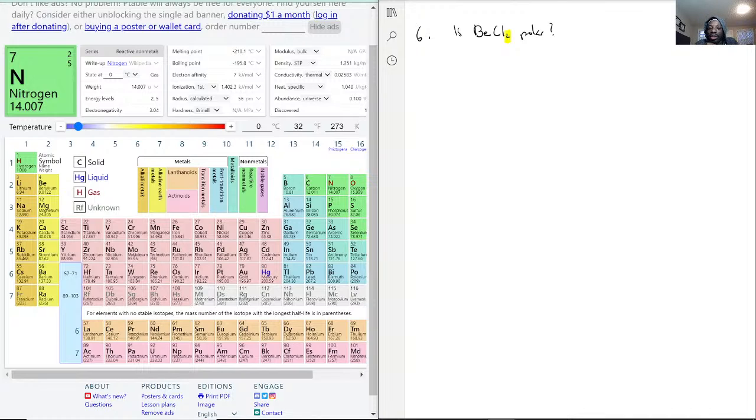With this, the best way to start is usually just drawing a Lewis dot diagram. The way to draw it is that we first need to figure out how many valence electrons are in beryllium and in chlorine.